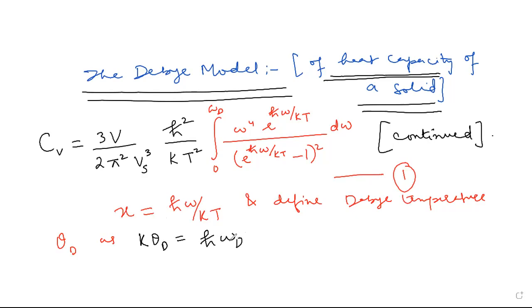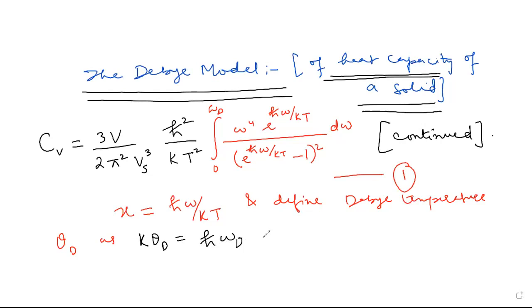So I'm saying we can simplify the appearance of equation 1 by changing to a dimensionless variable x equal to h cross omega by kT, and we define the Debye temperature theta d as k theta d equal to h cross omega d.